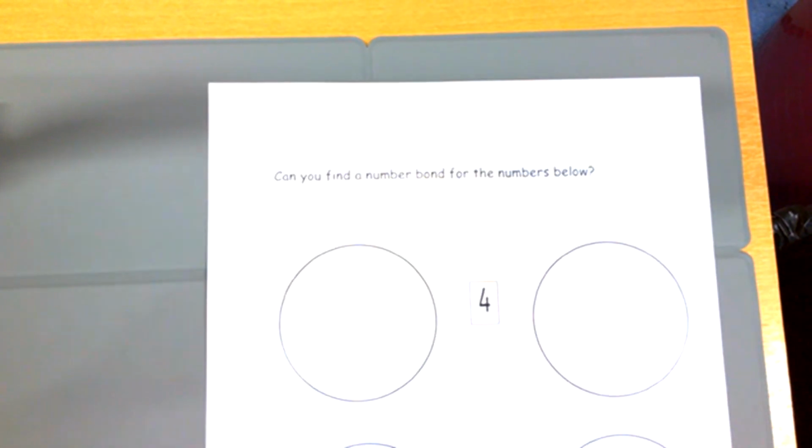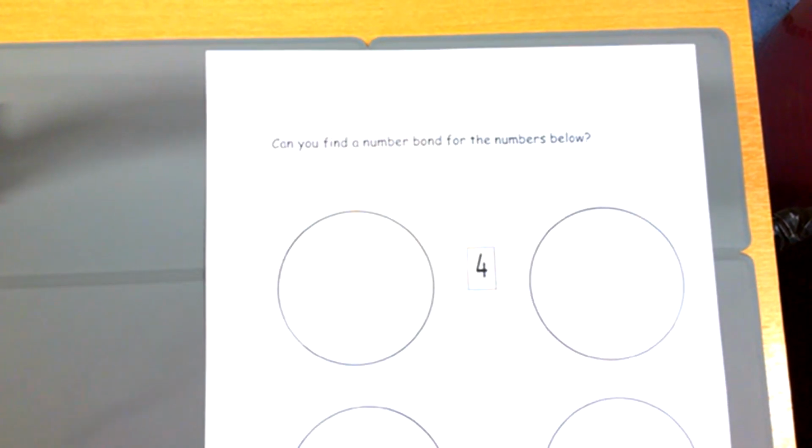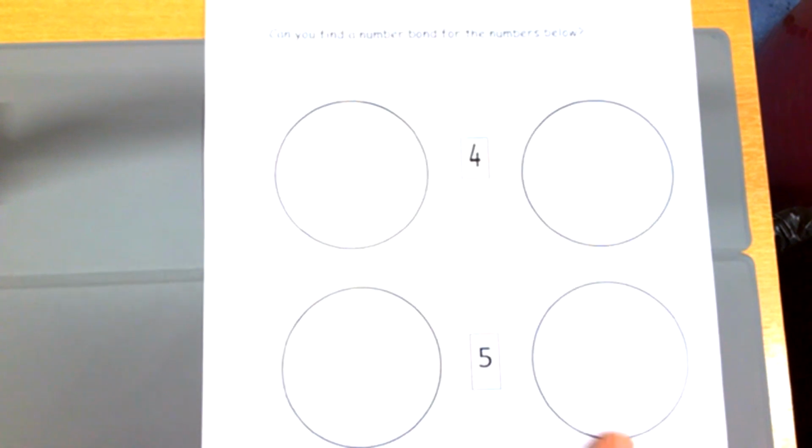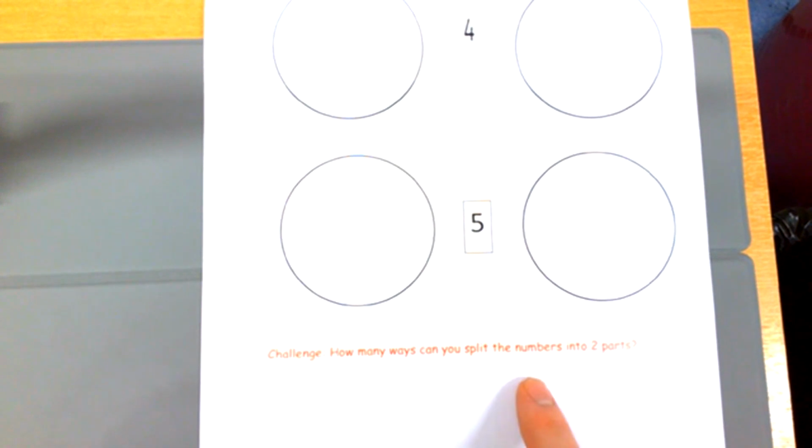Okay, so you're going to show number bonds for 4 and number bonds for 5. So I'm going to start using my cubes. Okay, it says, can you find the number bonds for the numbers below? And then it says down here in the challenge, how many ways can you split the numbers into 2 parts?